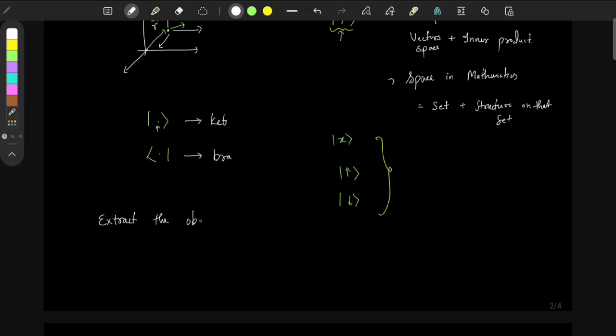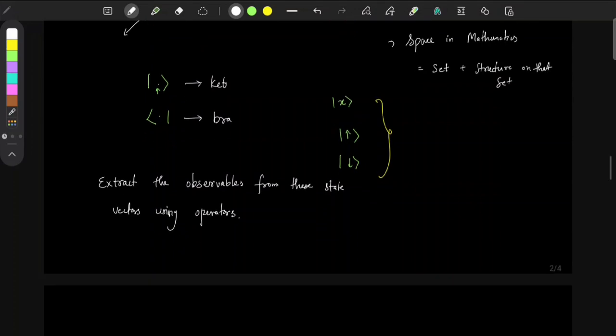It's an important point, so that's why I'm writing it down. You can extract the observables from these state vectors using operators.